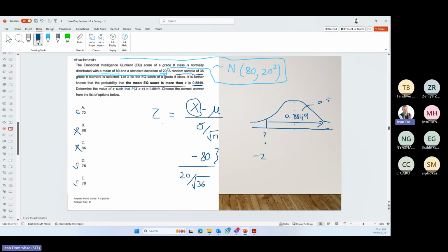So let's see. We want that area to be 0.8849. So we can maybe look at that, or we could have said, okay, the positive z would be the same. So we can look at the positive table for 0.8849, and then whatever the z is, we're going to change it to negative.